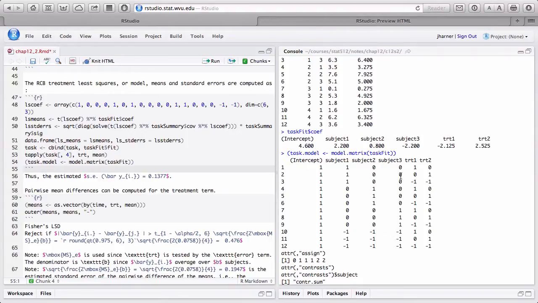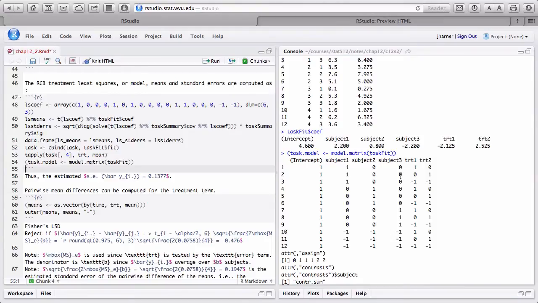We have to define categories, and the way we define categories is by dummy variables. So if I just look at subject, a 1, 0, 0 means the first subject. A 0, 1, 0 means the second subject. A 0, 0, 1 means the third subject. A minus 1, minus 1, minus 1 means the fourth subject.